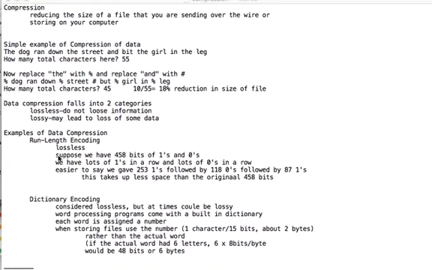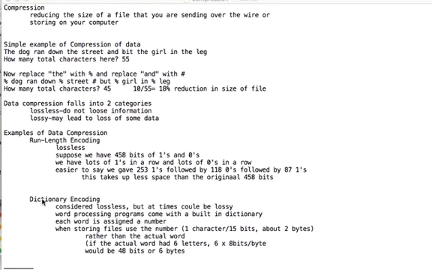Well, it might be easier to say that we have 253 ones, followed by 118 zeros, followed by 87 ones. It's easier to say that and to store that than it is to actually store the 458 bits. So that's run length encoding, a way to reduce the size of specific bits within a file.